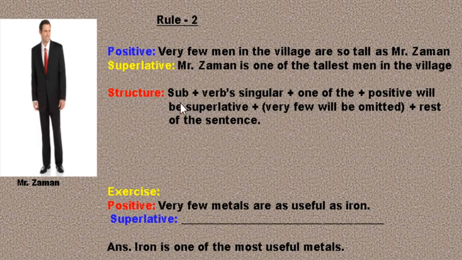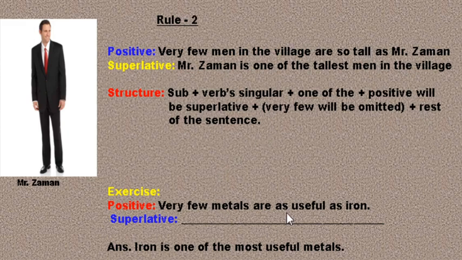You can see structure: subject plus verb singular form, then one of the, then positive will be superlative. Okay, very few will be omitted. I have already discussed rest of the sentence. So how you can change this? Mr. Jaman is one of the tallest men in the village.